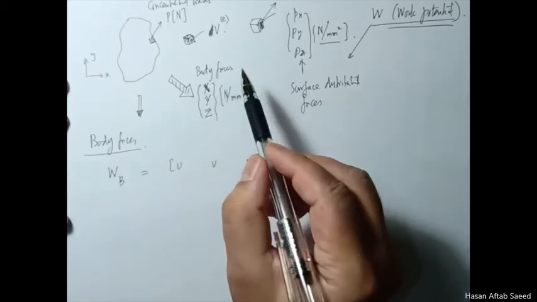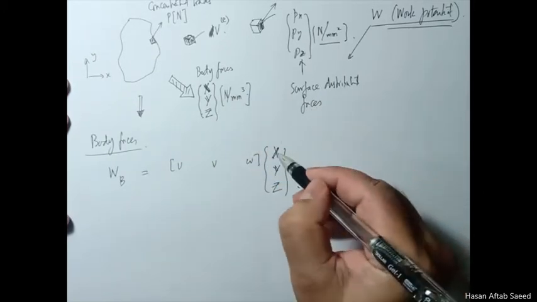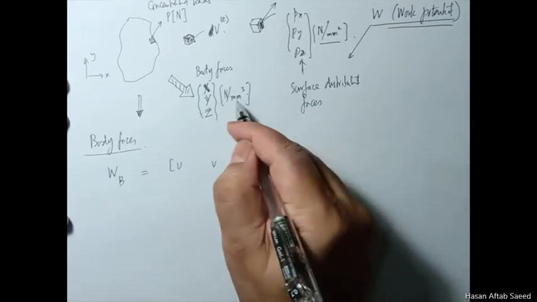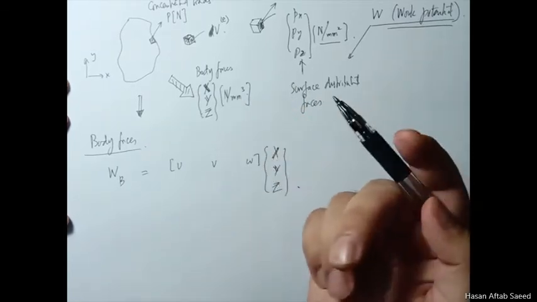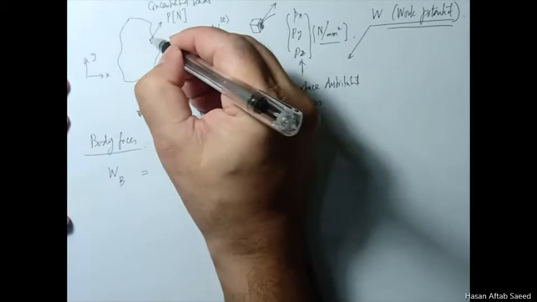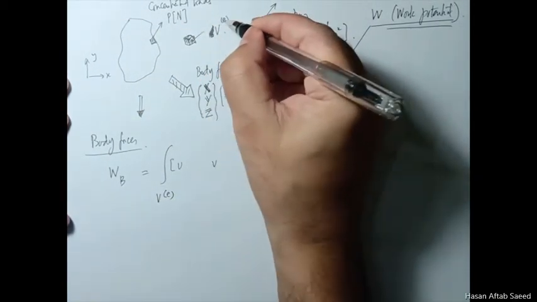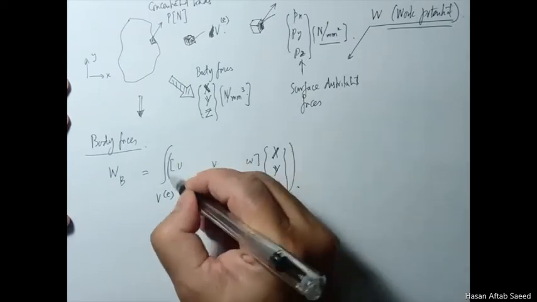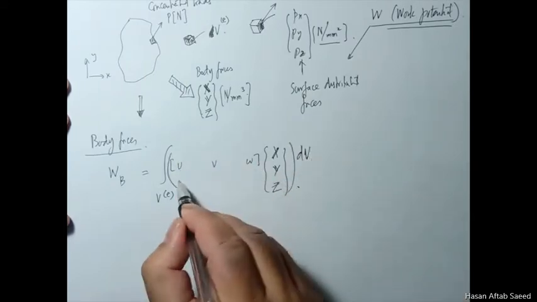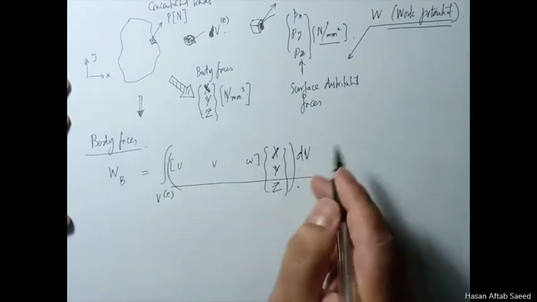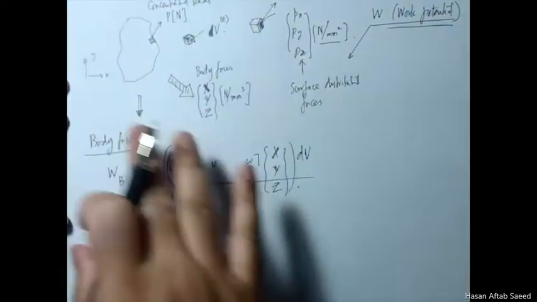This body force doesn't act on one point, obviously. That's why it has units of Newton per cubic meter. It acts on a volume, not one point. So what you have to do is integrate this expression over the whole volume of the element. This is the expression for one point, but you have to integrate this over the whole volume.